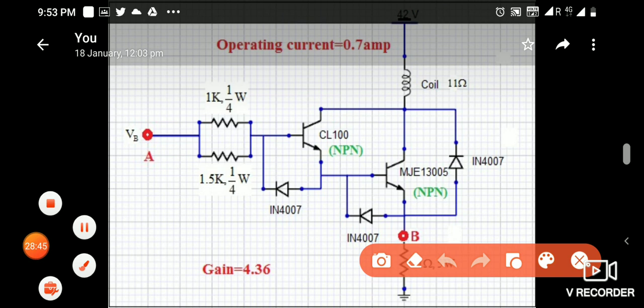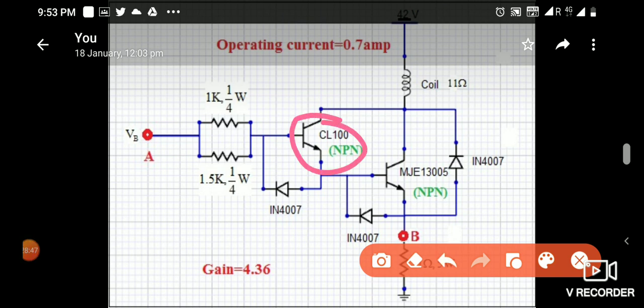This CL100 transistor is an NPN transistor. This is also an NPN transistor. One freewheeling diode is there.